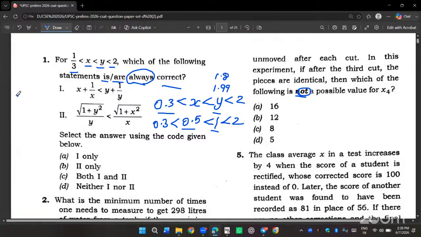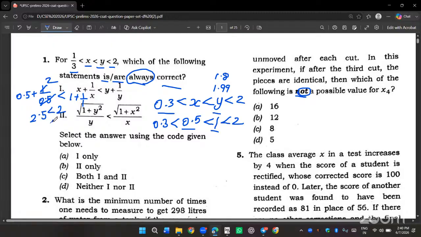So here the x value is 0.5, plus 1 by 0.5, should be less than the y value, 1 plus 1 by 1. If you take 0.5, 1 by 0.5 is 2. So I will get 2.5, less than 2?